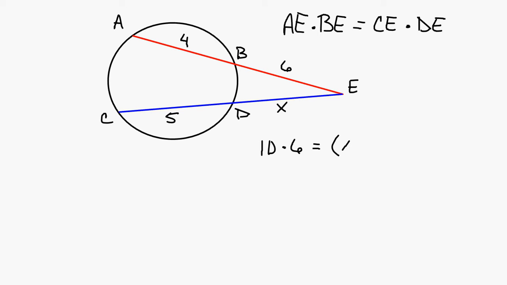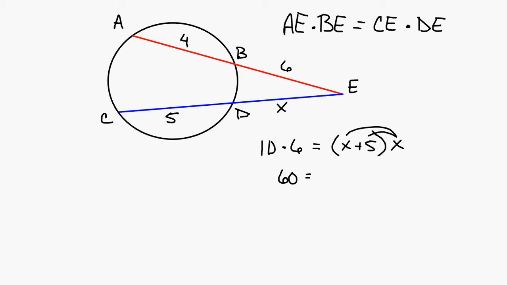Or x plus 5 times the outside piece, which is x. Yeah, and I did this different than the example, so, oh well, it'll still work. So what's 10 times 6? 60. Good. And now you got to do distributive property here, don't you?